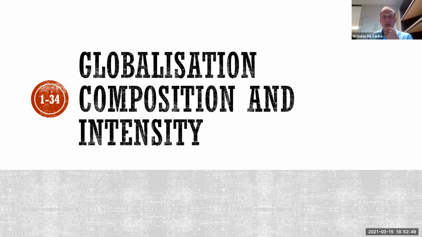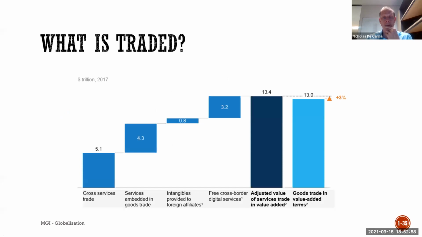Okay, so let's spend some time looking at what the composition is and what the intensity is, so what gets traded across the world. This is a slide which perhaps is underappreciated.